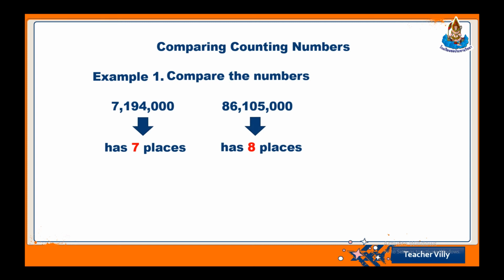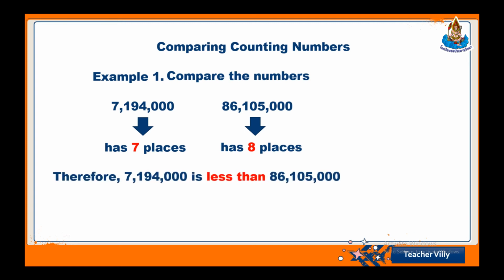So, to compare these two numbers, therefore 7,194,000 is less than 86,105,000. I'll repeat. 7,194,000 is less than 86,105,000.